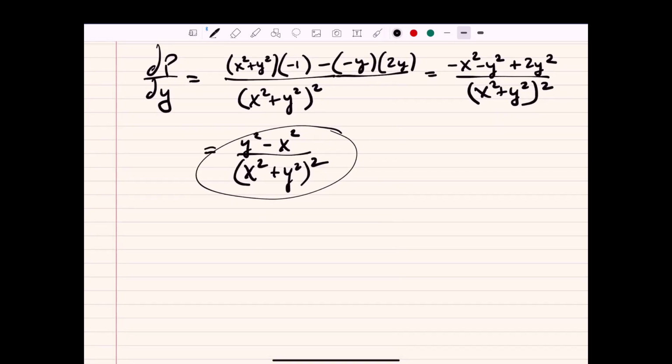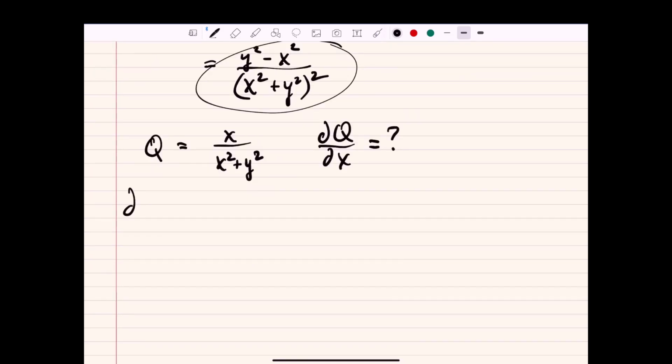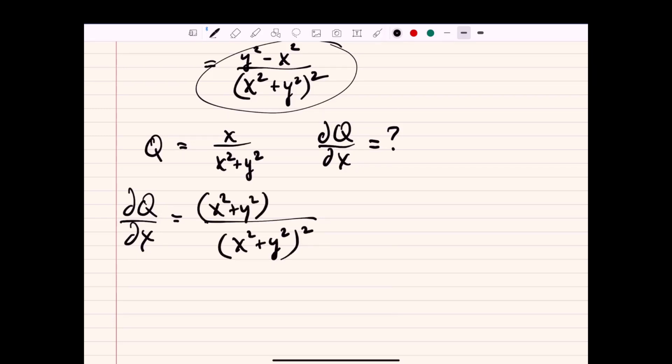Let's do the derivative of the second component, q, which was x over x squared plus y squared. We need to check the derivative of q with respect to x. Again, it'll take the quotient rule, because there's an x on the top and bottom. We take the denominator squared and put it on the bottom. Now the derivative of the top with respect to x is a 1, minus the top times the derivative of the bottom with respect to x, which is 2x plus 0, because the y squared goes to 0.